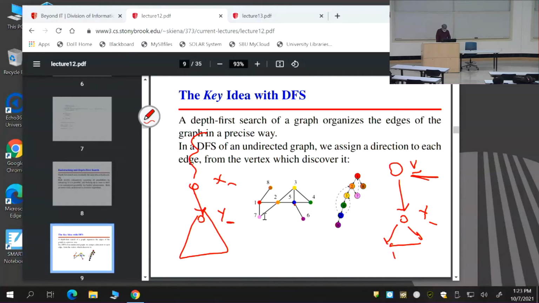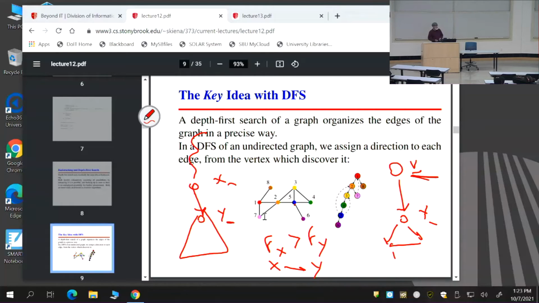Does everybody agree that the finishing time of X is going to be greater than the finishing time of Y? Okay? But X has to be before Y in the topological order.